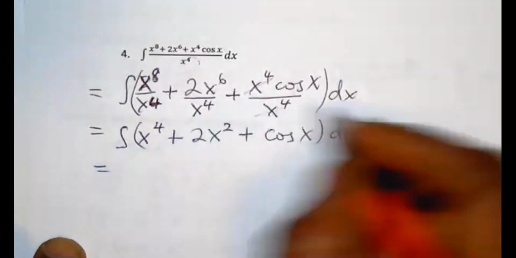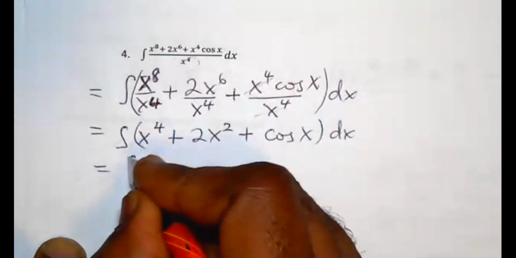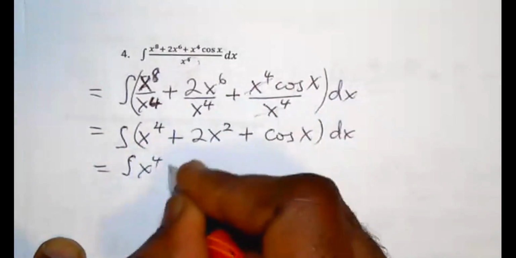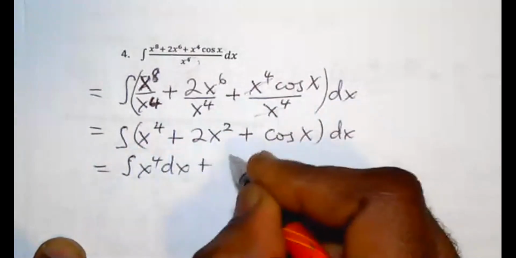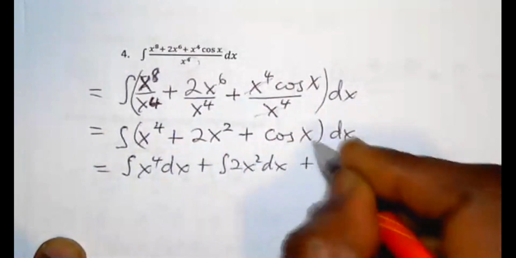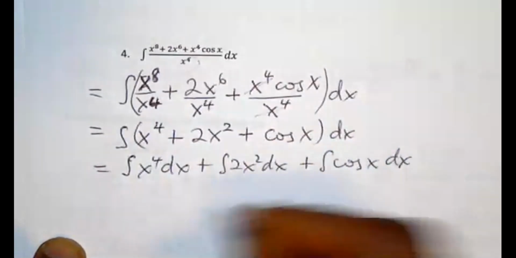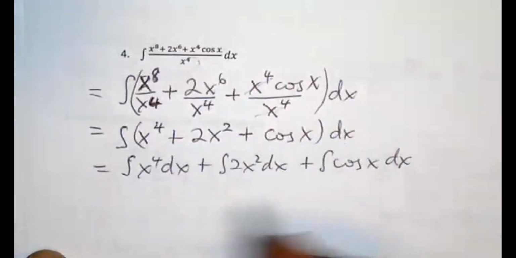Now we can apply the sum rule. So I can split this up. So integral of x to the power 4 dx plus integral of 2x squared dx plus integral of cos x dx. So it's in the form that we can easily take the integral of.